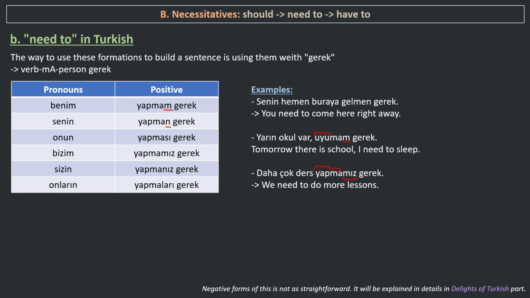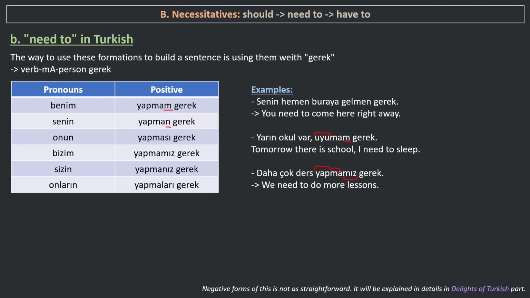So ları tells me we are talking about they, because technically, ları is the ending for their. So they need to stop calling me. And that's how we say stop doing something in Turkish. Like, beni aramayı bırak. Quit doing it.